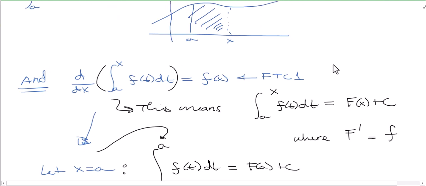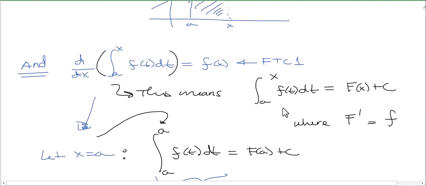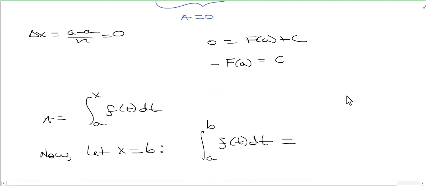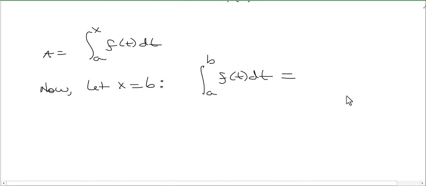From the FTC part 1, we know that the integral from a to x of f of t dt is equal to capital F of x plus c, where capital F is the antiderivative. So this is going to be capital F of b plus c.